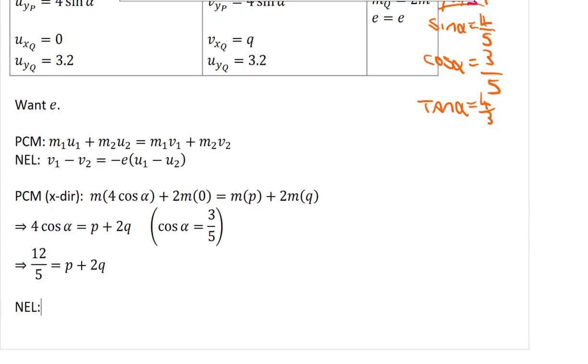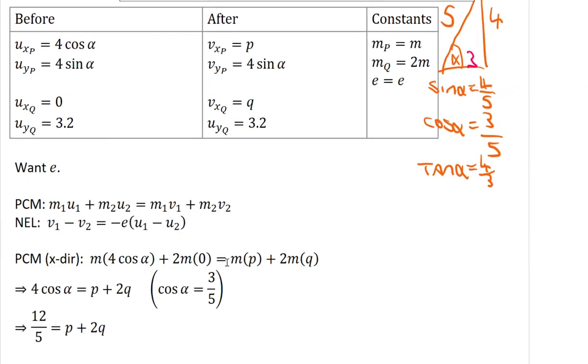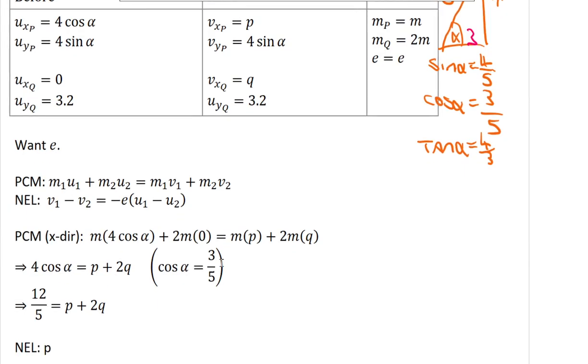And now we look at Newton's experimental law, remembering that P is our 1, so it's V1 minus V2, so that's P minus Q equals minus E by 4 cos alpha minus 0. I know the value, I'm just writing it down to make sure I get it right.